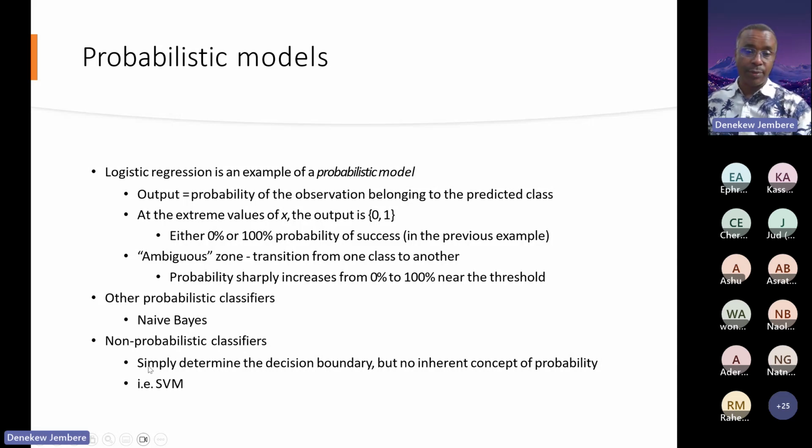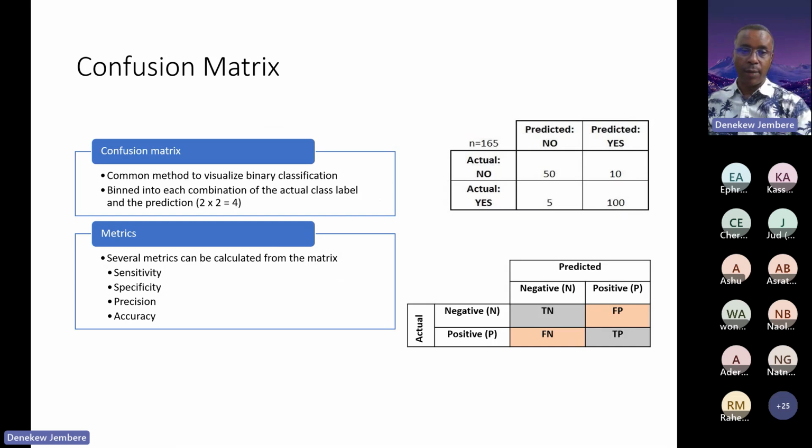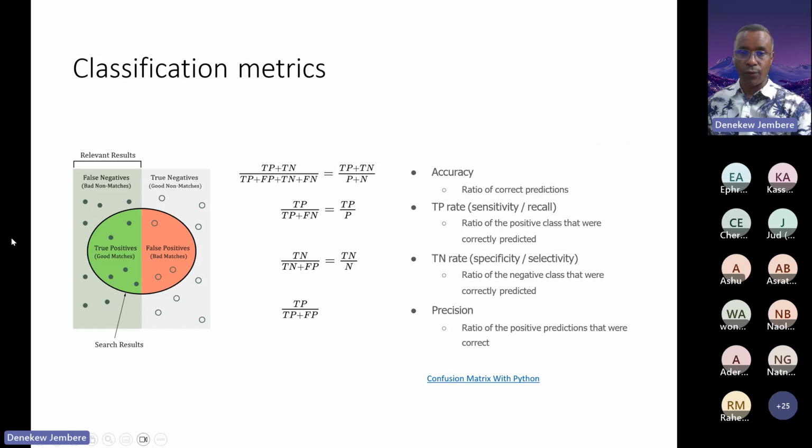Other probabilistic classifiers, such as naive Bayes classifiers, could be used for classification purposes, depending upon the number of classes that you have. And the performance of a classification model can be evaluated using a confusion matrix. We discussed the confusion matrix and different metrics of classification.